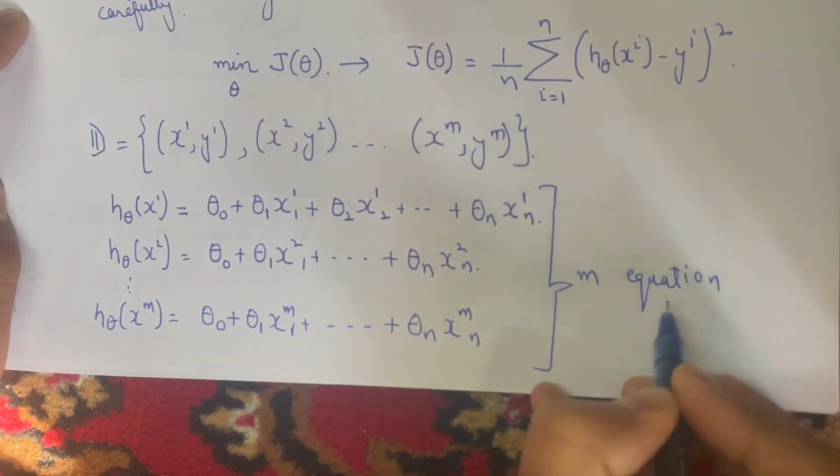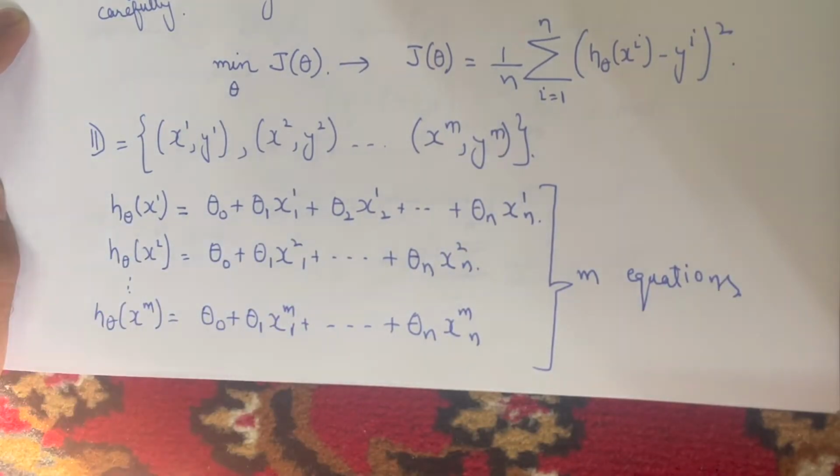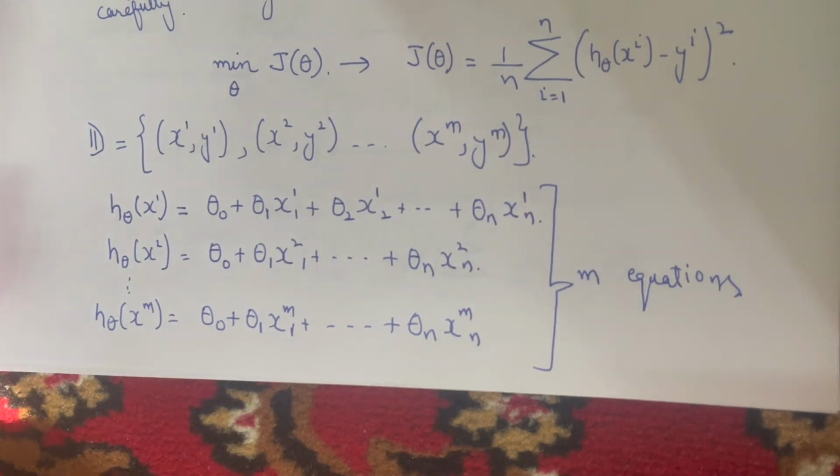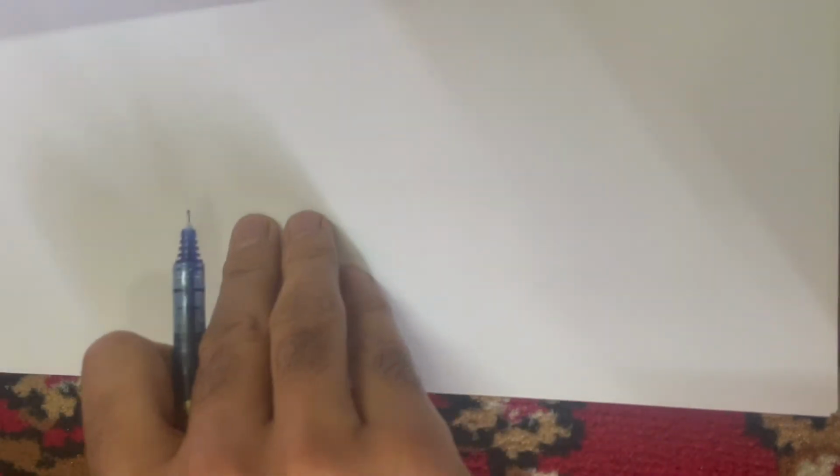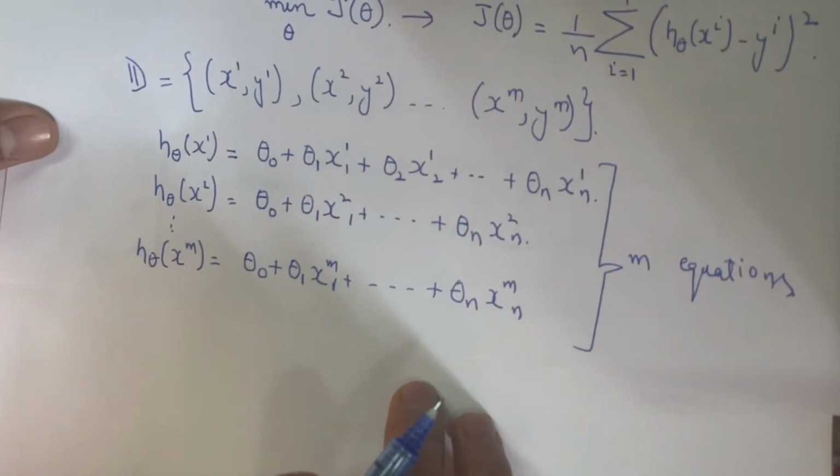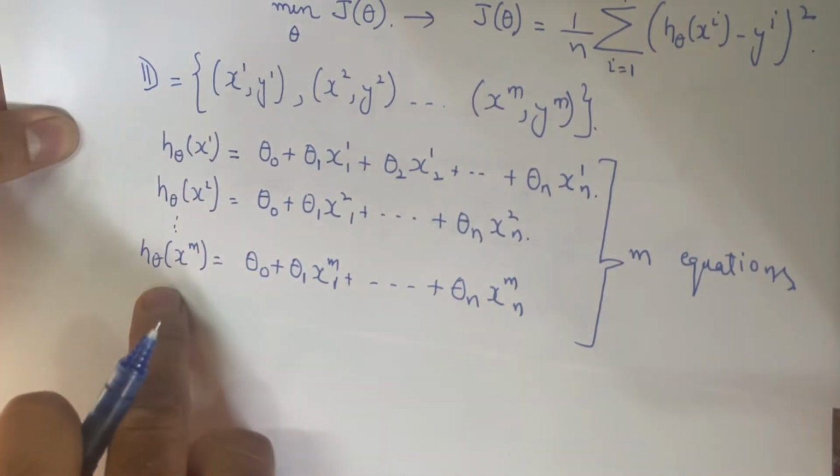And we know that these m equations can be written in matrix format. And how can we write it? Let me show it. You can see that this is our h of theta, so it can be written like this.